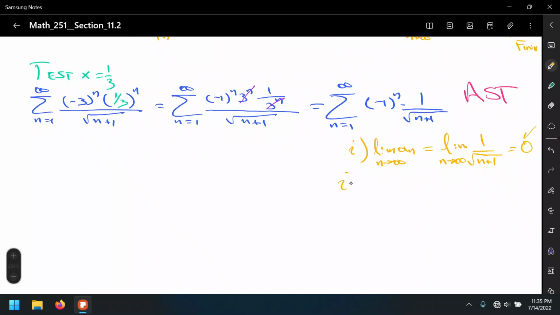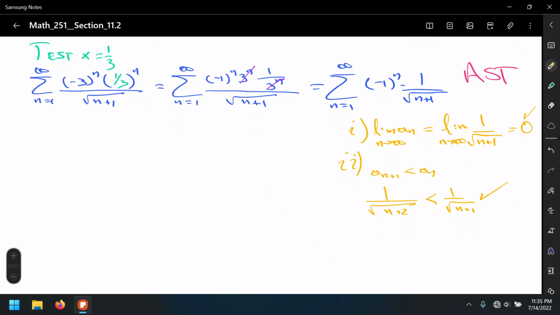Now let's check the second condition. The second condition is: is a sub n plus 1 less than a sub n? Actually it's b sub n, but either way it's the same. So that's 1 over the square root of n plus 2. Is that less than 1 over the square root of n plus 1? Of course, in this case it's true, because the larger denominator on the left hand side makes it smaller than the smaller denominator on the right hand side.